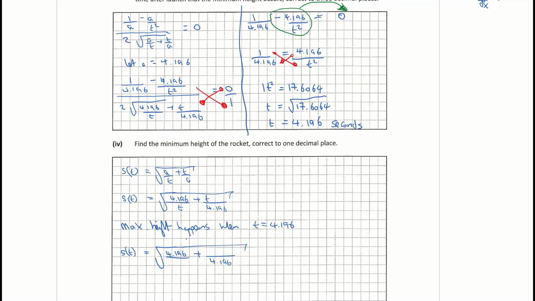And I'm subbing in my value for t, which is 4.196. Now 4.196 divided by 4.196 is just 1. So s of t is equal to the square root of 1 plus 1, which is giving me the square root of 2. And the question wants it to 1 decimal point, and that is 1.4 kilometers. And that's the maximum height reached by the rocket.